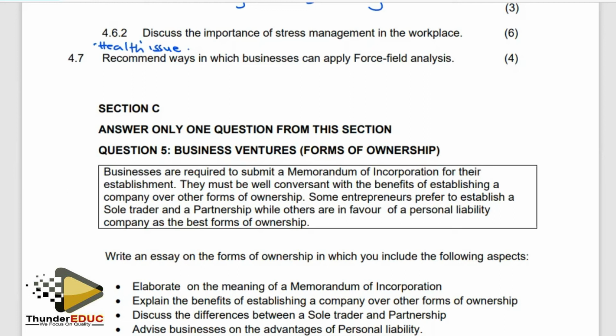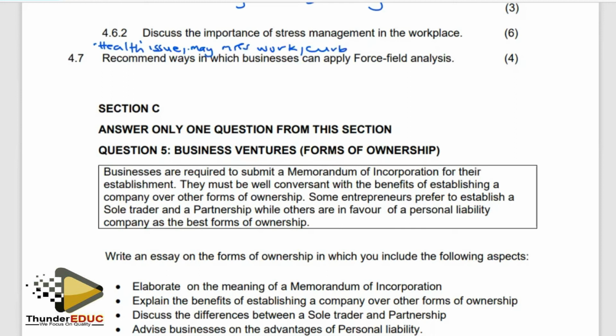Besides that, stressed employees may miss work. Sometimes these people will not work because of stress. So therefore, it is curbing absenteeism.